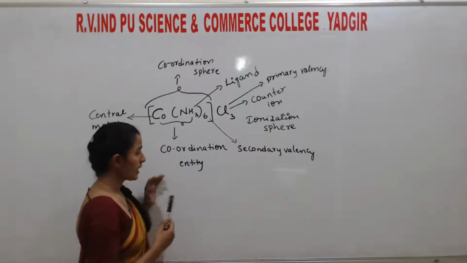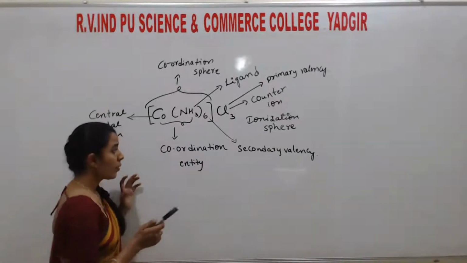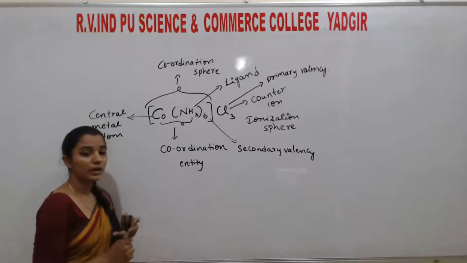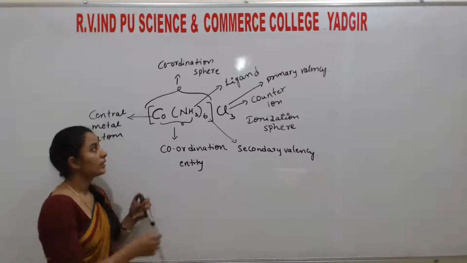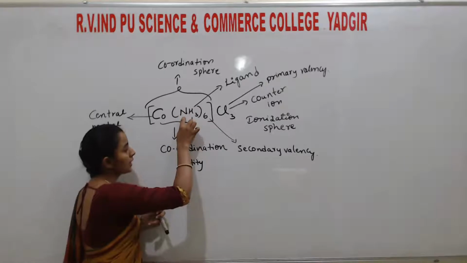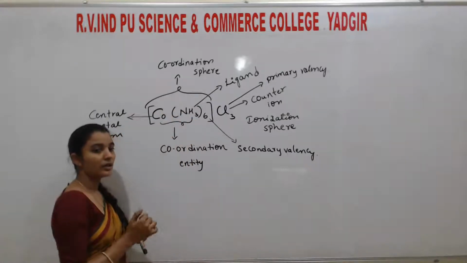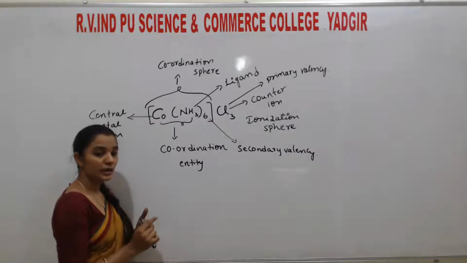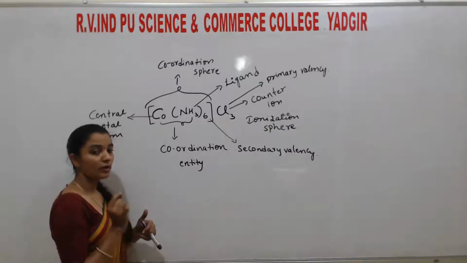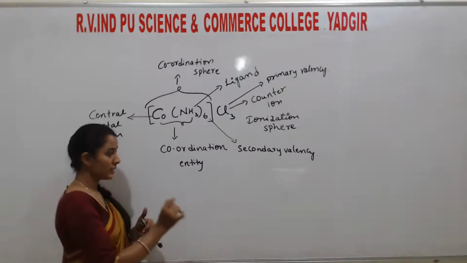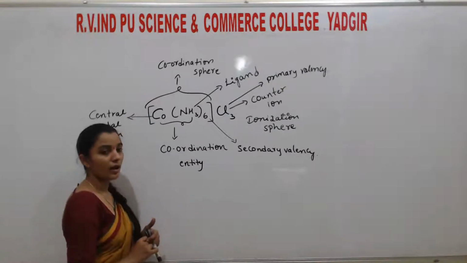In the last class only I told you why coordinate: because the lone pair of electrons of the ligands is transferred to the empty d orbitals of the metal and shared between metal and ligand. That's why they form a coordinate bond. Hence they are called coordination compounds.